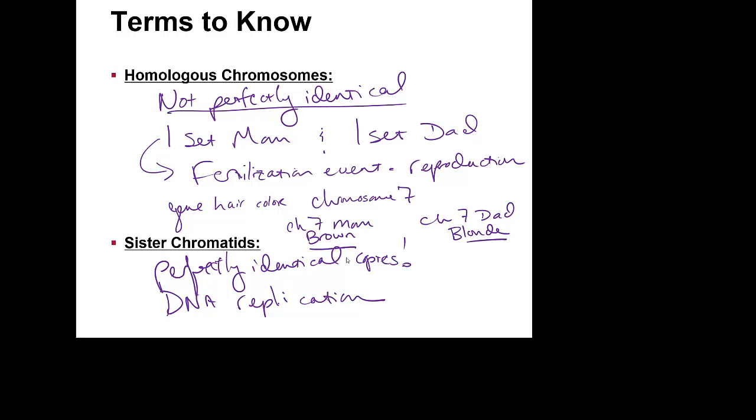They both are coding information for hair color, but mom's is a different variety than dad's. We'll look later in genetics who actually wins this competition, so to speak, when we put these two together and get you. But you have to keep in mind that with these homologous chromosomes, we're looking at chromosomes that have the same coding genes, but they might be what we call alleles, or variations of a gene.